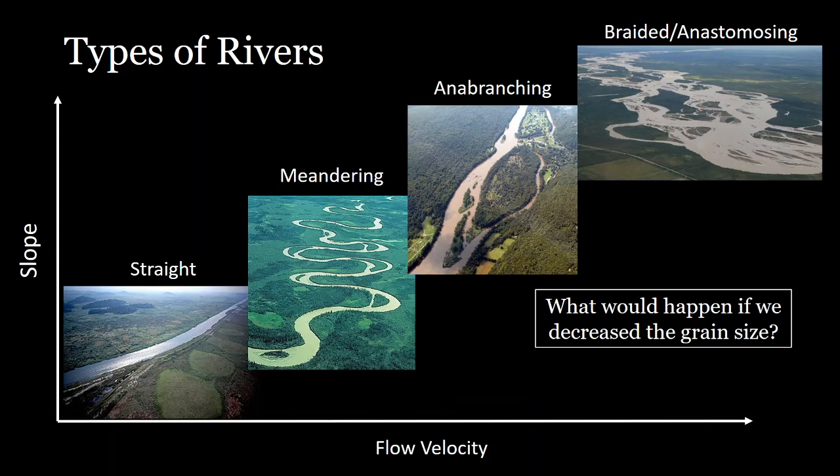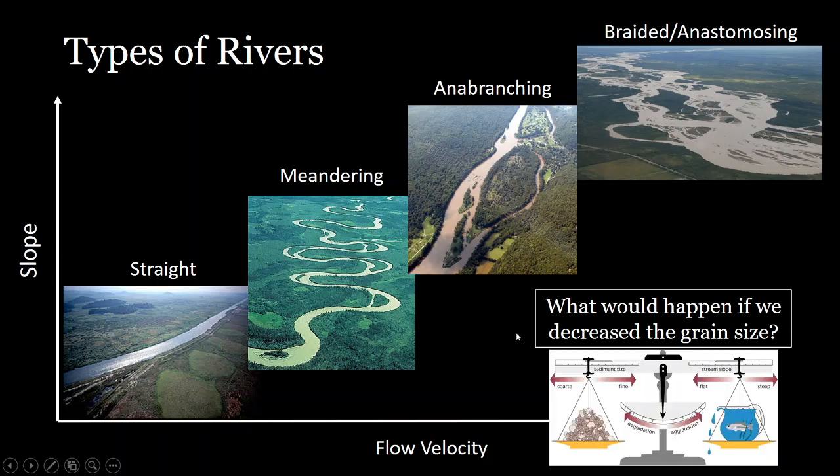So we can think about too what would happen if we had a decrease in grain size. Remember, when we decrease our grain size, then we have more erosion occurring upstream and that sediment being deposited downstream. And so therefore you have a decrease in slope. And so you can think about if you decrease your grain size, you might go from an anabranching stream to a meandering stream.